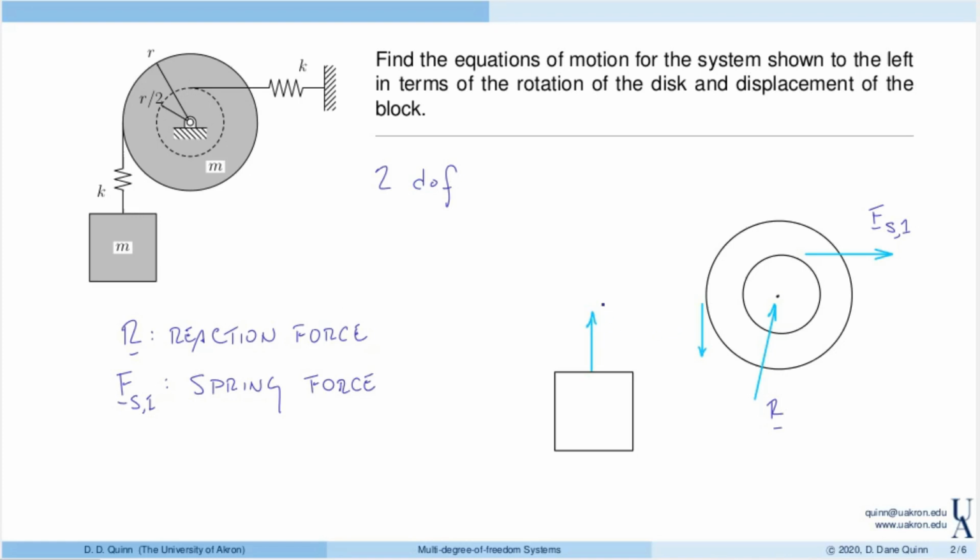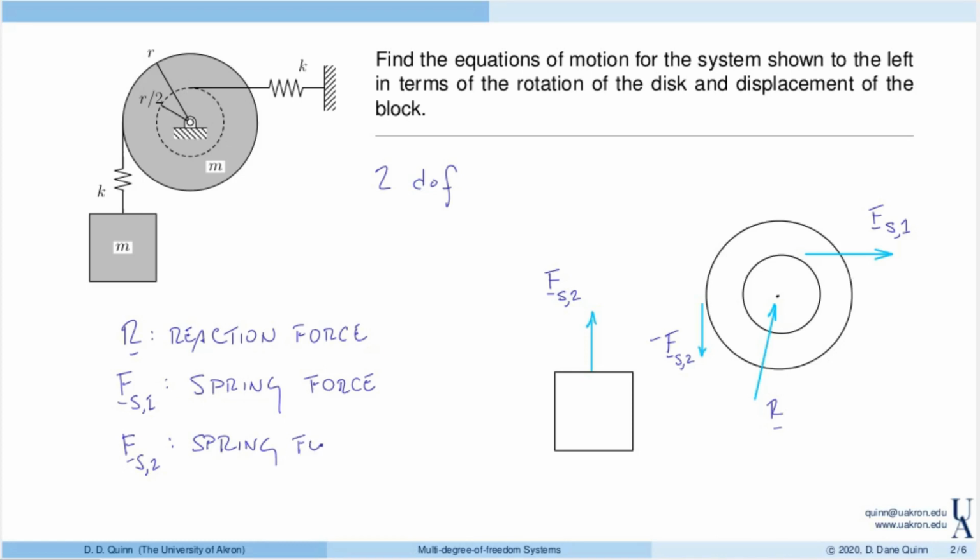And then this force we'll define as Fs2, because these are internal forces, both arising from the spring. They have to be of equal magnitude in opposite directions. So this force would be minus Fs2. So again, this is our second spring force.